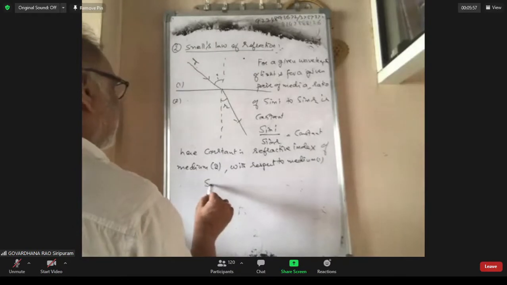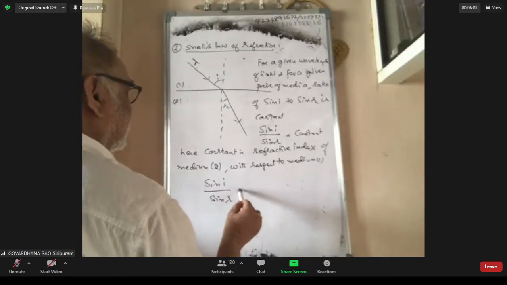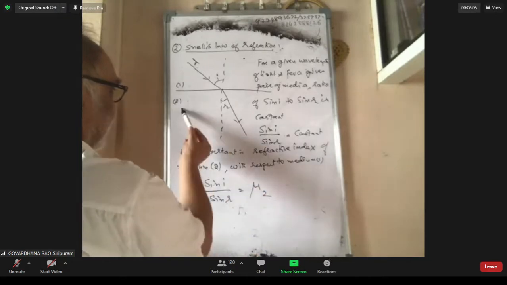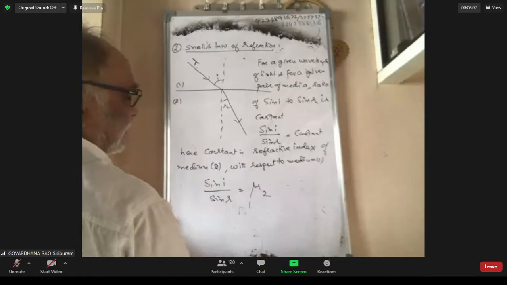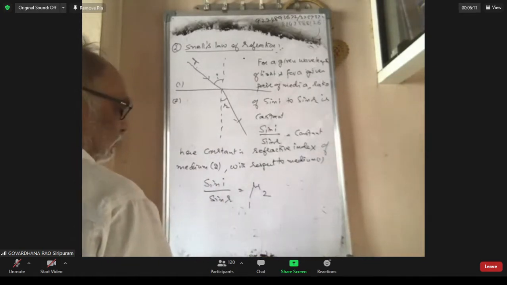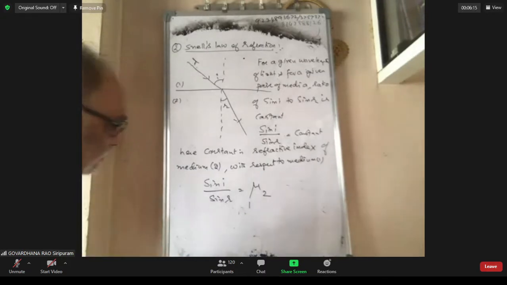So what is that? Sin I by sin R is the refractive index of medium 2 with respect to medium 1.